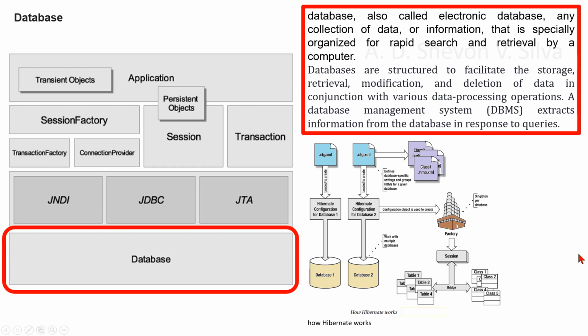The heart of any Hibernate application is in its configuration. There are two pieces of configuration required in any Hibernate application. One to create the database connection, and the other creates the object to table mapping.